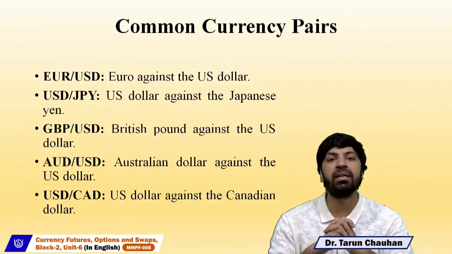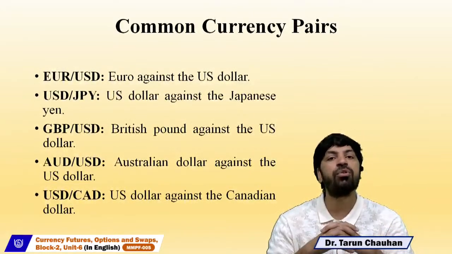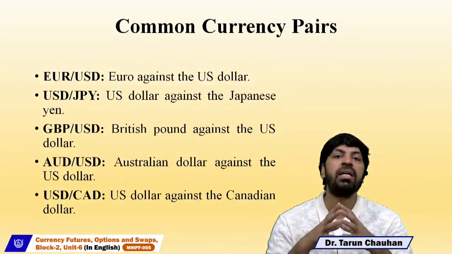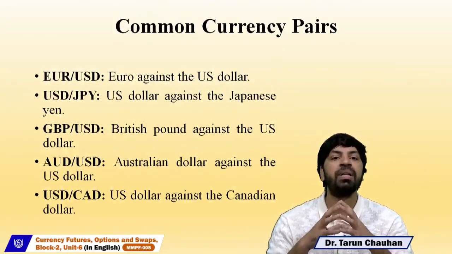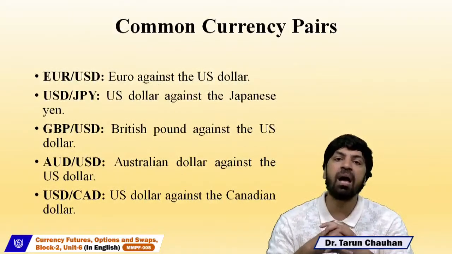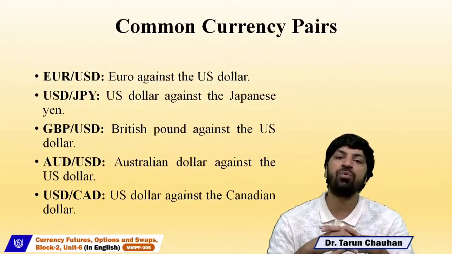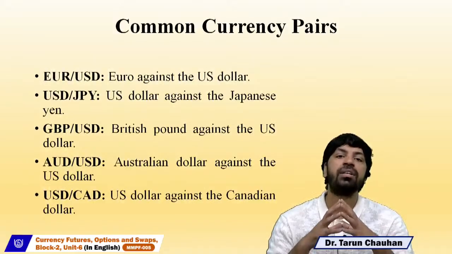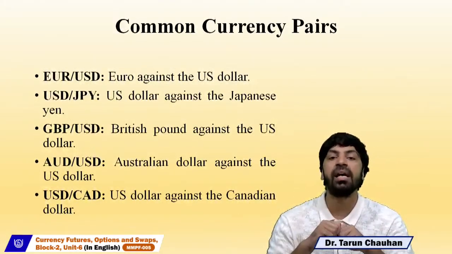Common currency pairs around the world would be EUR USD, euro against the US dollar; USD JPY, US dollar against the Japanese yen; GBP USD, British pound against the US dollar; AUD USD, Australian dollar against the US dollar; and USD CAD, US dollar against the Canadian dollar.